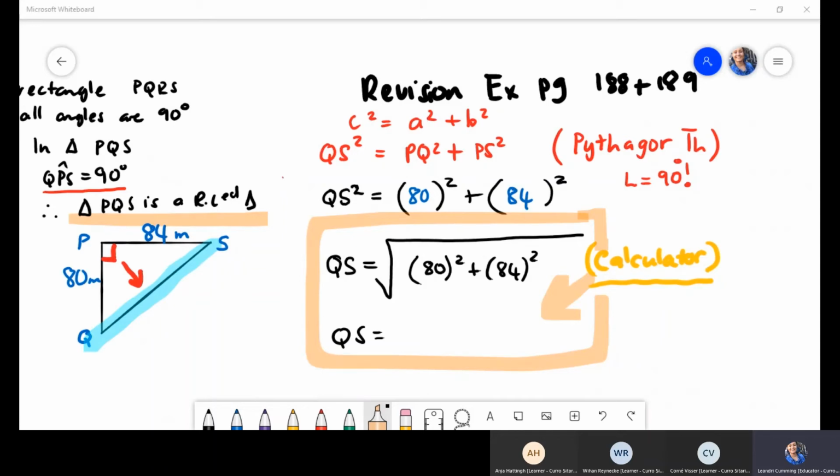And I'm going to say 80 squared under the square root, plus 84 squared, equals, and I get a final answer of 116. So it takes me straight to the answer. I've already taken the square root to get rid of that squared. And I presume you're with me, because what we do to the one side, we have to do to the other side. Hopefully you're with me there. And this is meters.